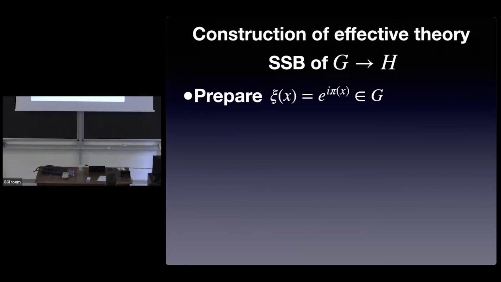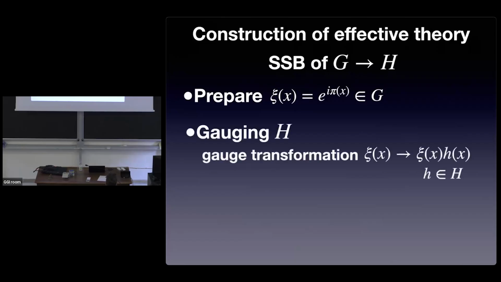We know that in that case the degrees of freedom are the coset G over H. But first we prepare the degrees of freedom for the group G, like this, Xi. This is not a coset variable. To get G over H, we gauge the H variable.